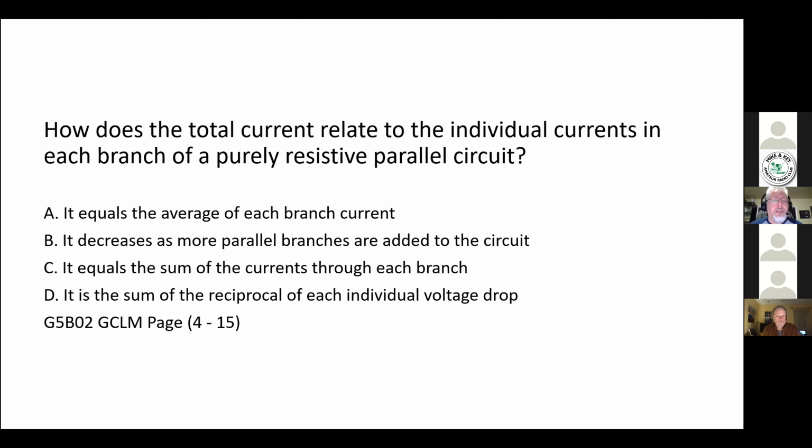C, it equals the sum of the currents through each branch. Or D, it is the sum of the reciprocal of each individual voltage drop. Charlie, it equals the sum of the currents. That is correct. Parallel, you add them up. Okay.